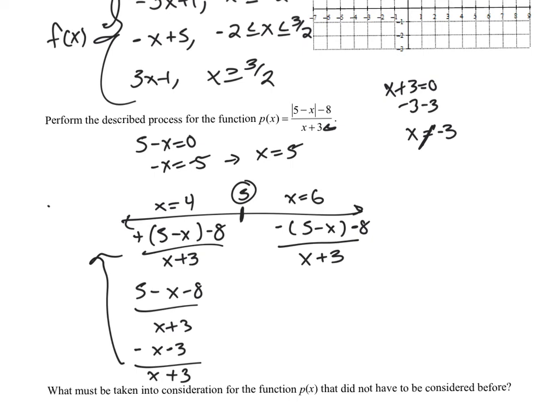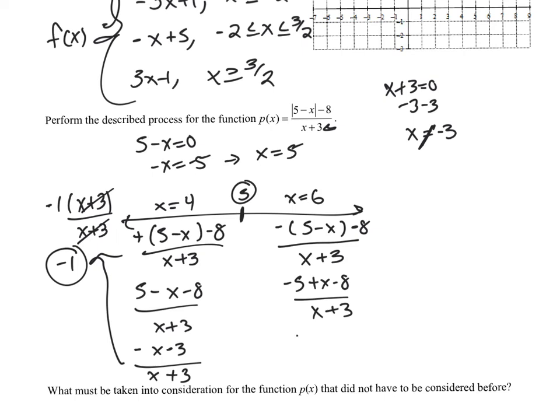Well, I could factor out a negative sign, so I have negative 1 times x plus 3 over x plus 3. Well, this could factor out, so it simplifies down to negative 1, okay? And then here we could distribute the negative signs, so I have negative 5 plus x minus 8 over x plus 3. Simplify that, we get x minus 13 all over x plus 3, okay?